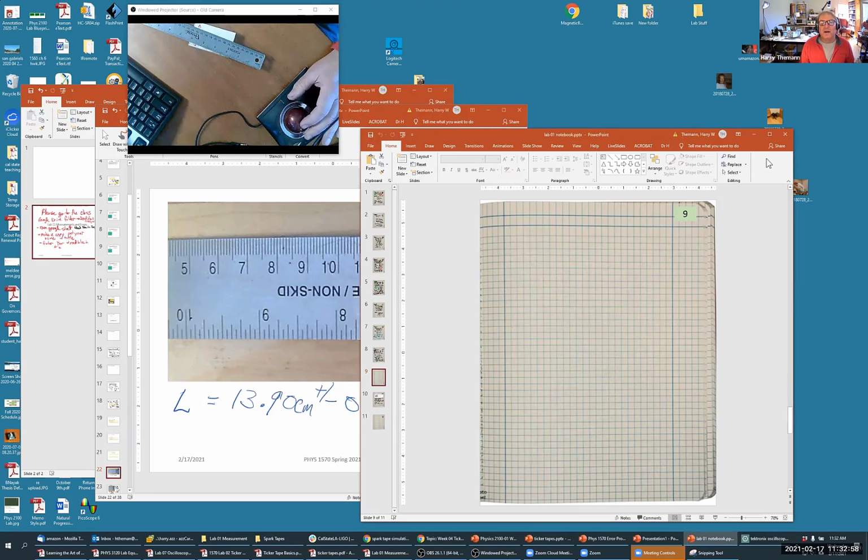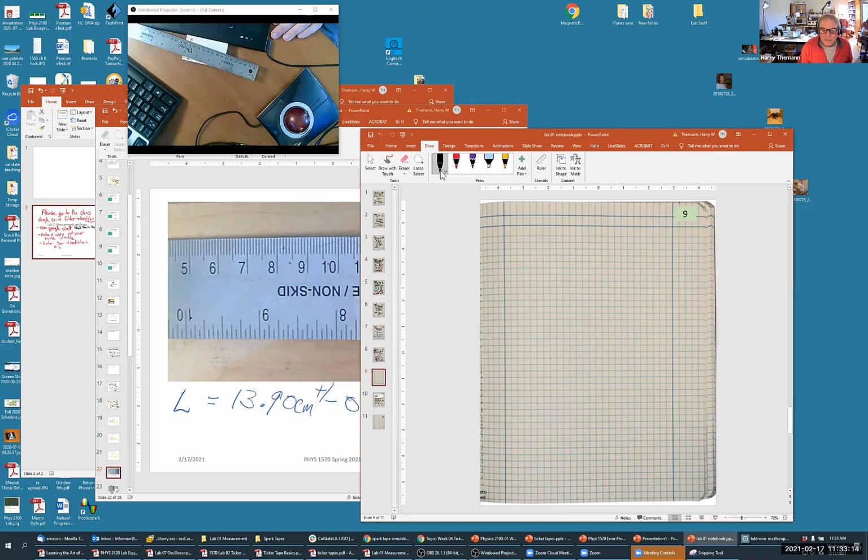So we talked about taking readings with the ruler. And there's other things you could think of about how you might make the measurement better. So let's see, 2, 17, 21. Yeah, I have to get this.